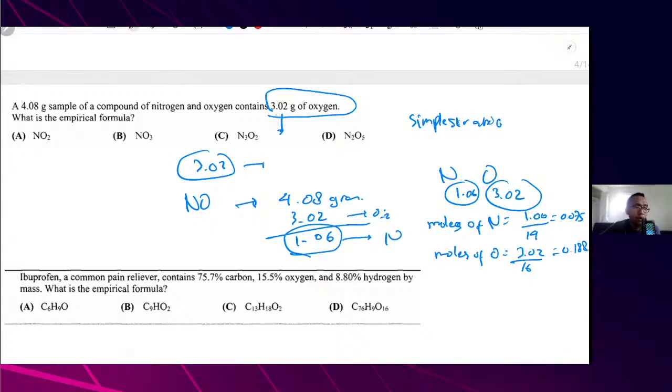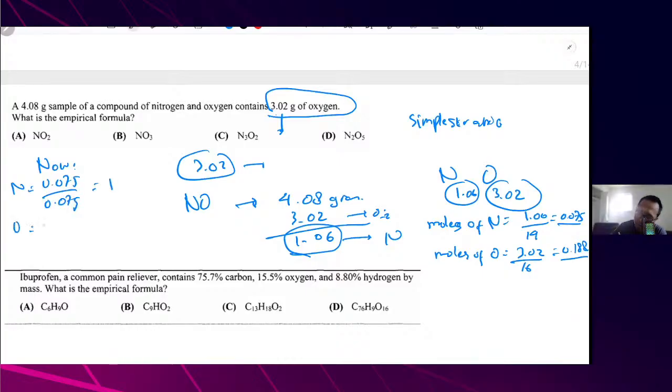Now, just divide by the smallest number. The smaller number is N, 0.075 rather than 0.188. So N is 0.075 divided by 0.075, we get 1.